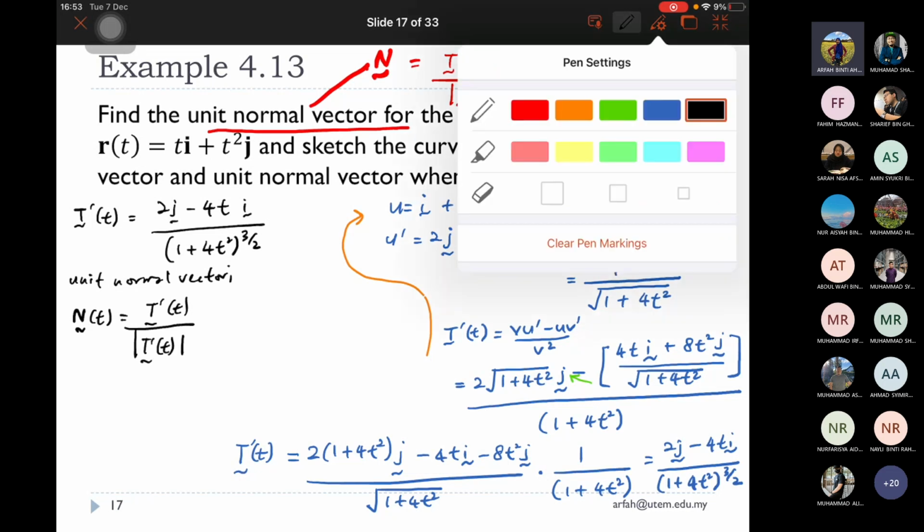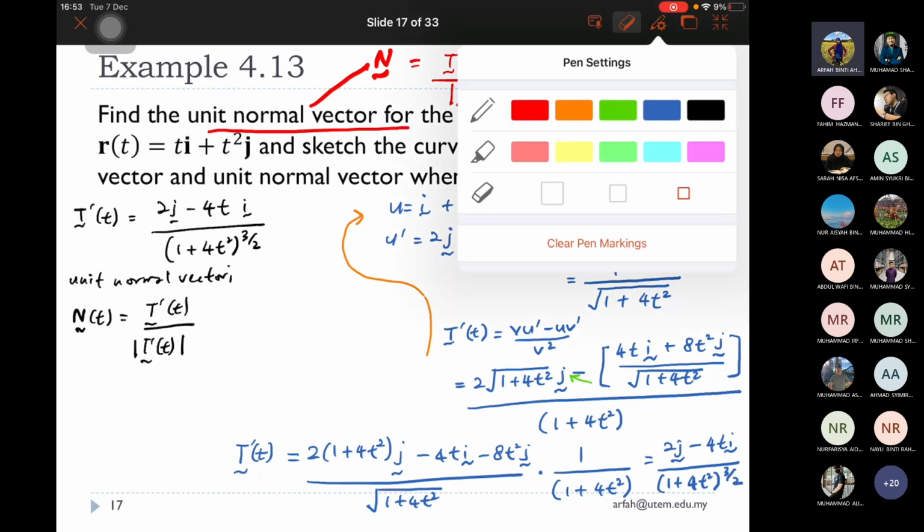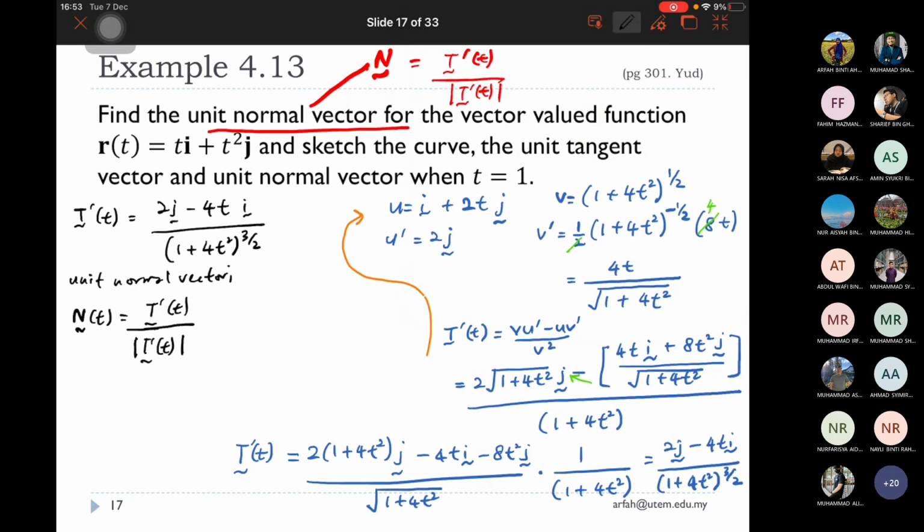Okay. So find dia punya Euclidean length. This one. Dapatkan dia punya Euclidean length.